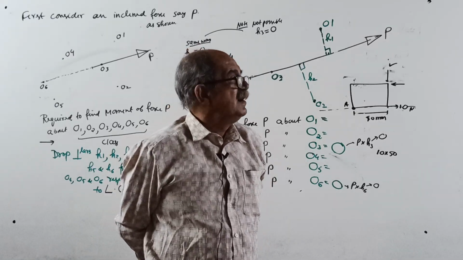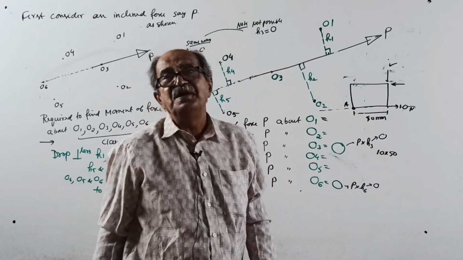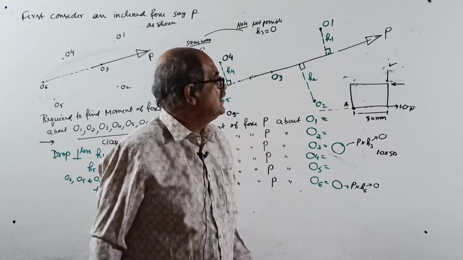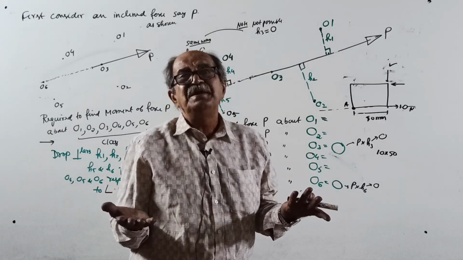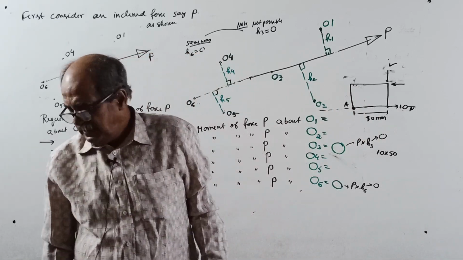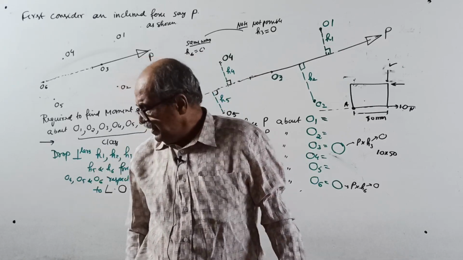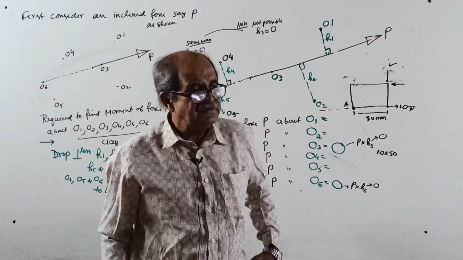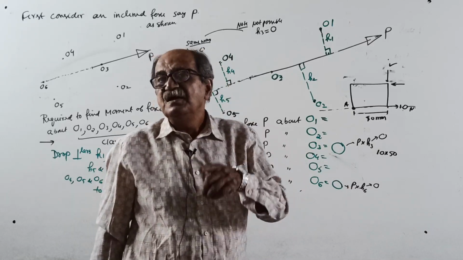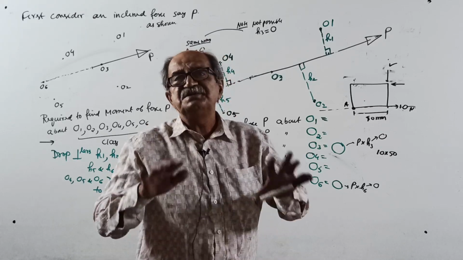Then you come to the conclusion, oh, I am not able to decide clockwise or anti-clockwise, because there is no moment. When there is no moment, how can you tell clockwise or anti-clockwise? Make this note. I won't tell it once again. In case of confusion, where 0 comes by mistake, if you use a numerical value for multiplying, when you are writing plus, minus or clockwise, anti-clockwise, you will get stuck there.